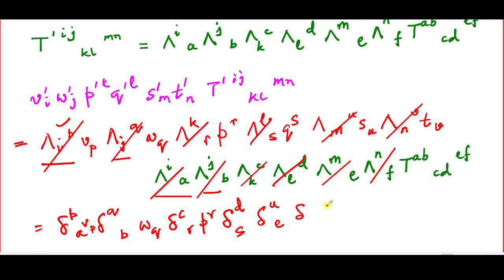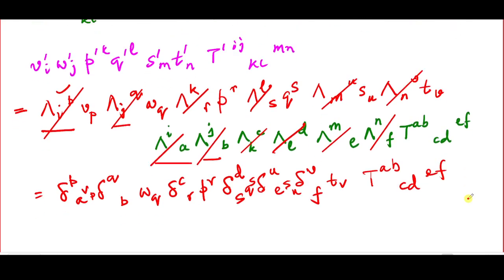These two together will give you delta VF. Of course, delta DS came with QS. Here you had SU. Here you had TB. And then you had this T, A, B, C, D, E, F.